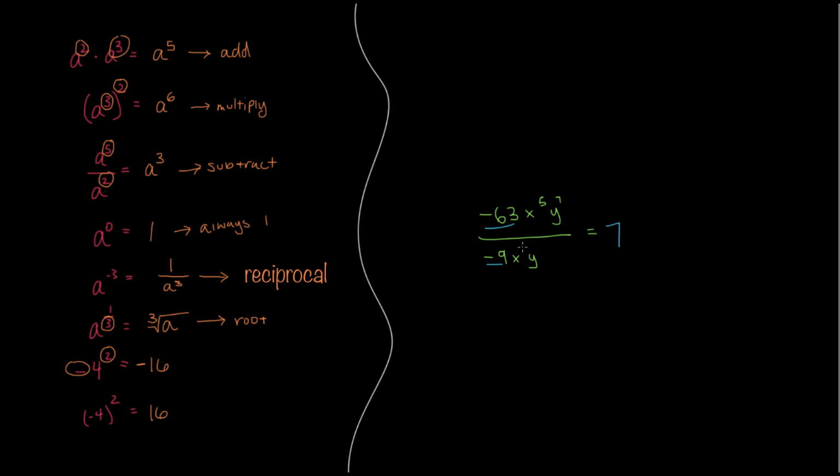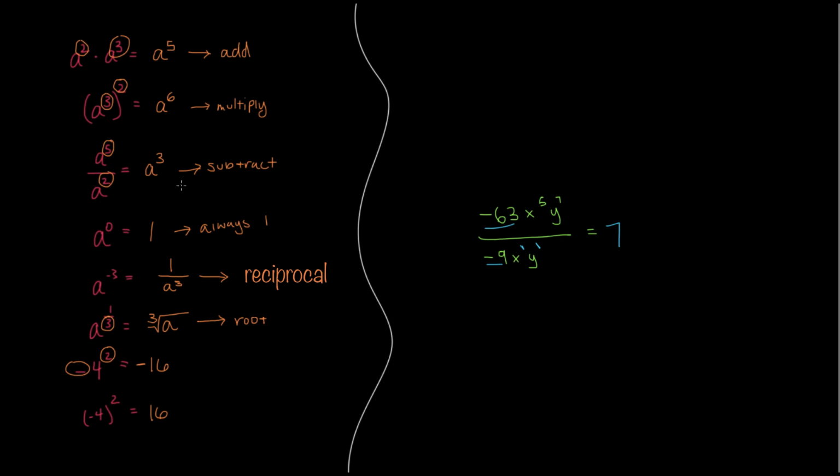And you can imagine an invisible 1 in front of this, because anything to the power of 1 is the same thing as the number or the variable itself. So we can just imagine an invisible 1 up here to make things a little easier for us. So we have x to the fifth, and on the bottom we have x to the first.